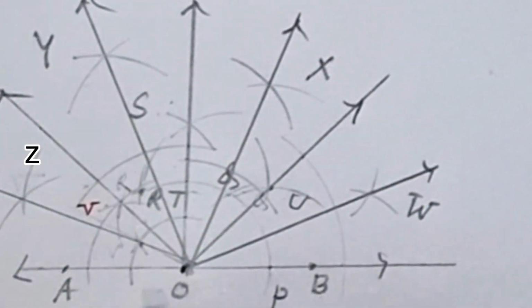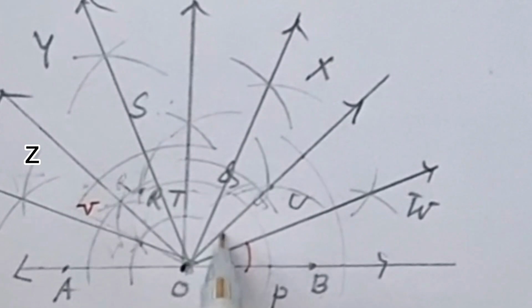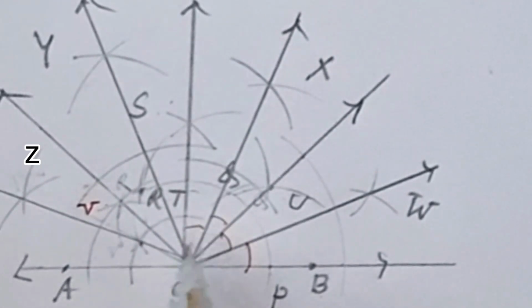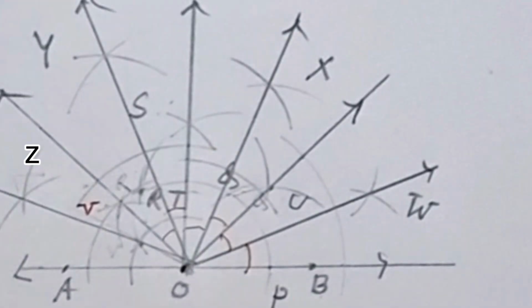So in this way we construct angle 22.5 degree, and each of these angles is 22.5 degree.